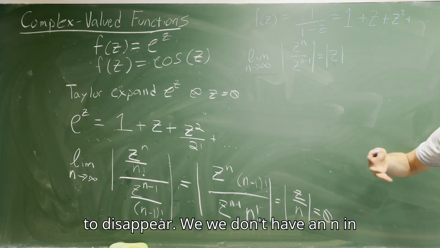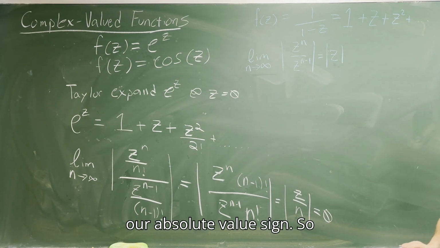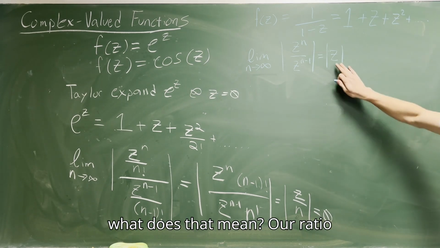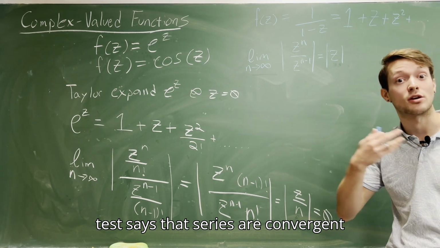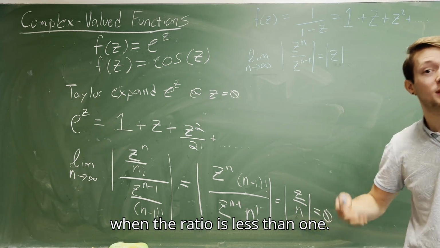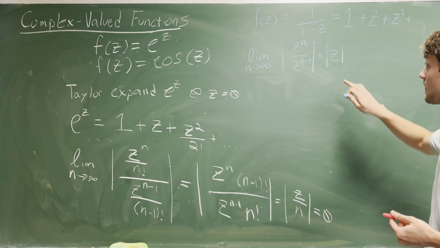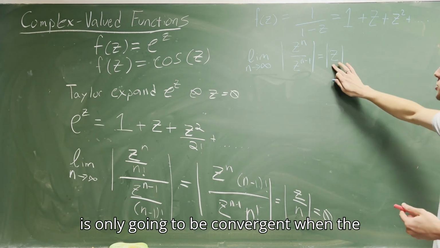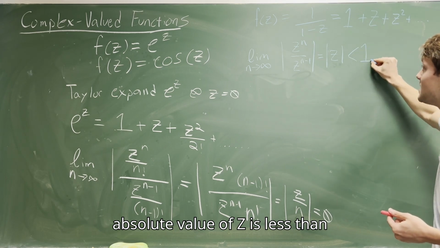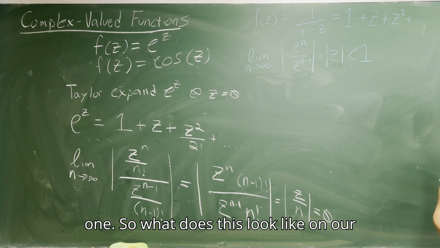We don't have an n in our absolute value sign. So what does that mean? Our ratio test says that series are convergent when the ratio is less than 1. So this ratio is only going to be convergent when the absolute value of z is less than 1.